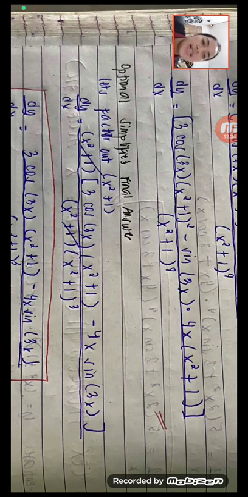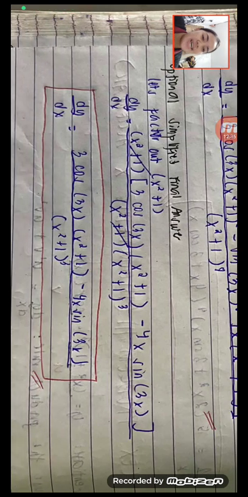Okay, we just need to cancel both of these x squared plus 1, and now our final answer for this complex problem is dy over dx is equal to 3 cos 3x times x squared plus 1 minus 4x sine 3x over x squared plus 1 raised to the power of 3.